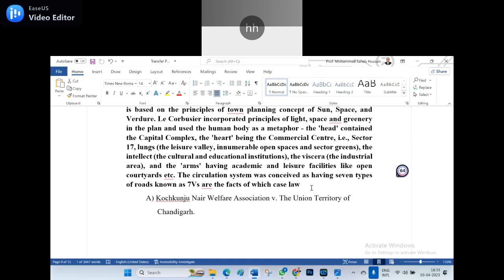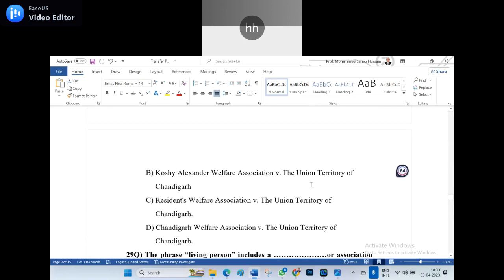The circulation system was conceived having 7 types of roads, known as the 7 V's. These are the facts of which case law? See A, B, C, D.